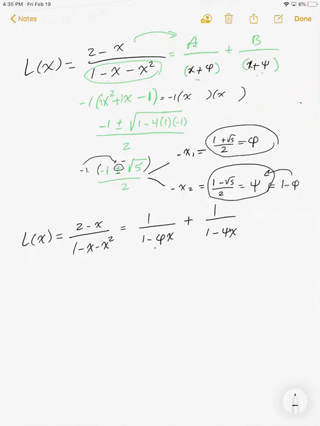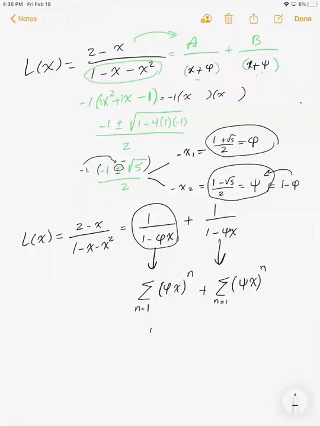And then this is a geometric series that will converge to phi x to the power n, and this one will converge to xi x to the power n, if the absolute value of phi x is less than 1, and if the absolute value of xi x is less than 1.